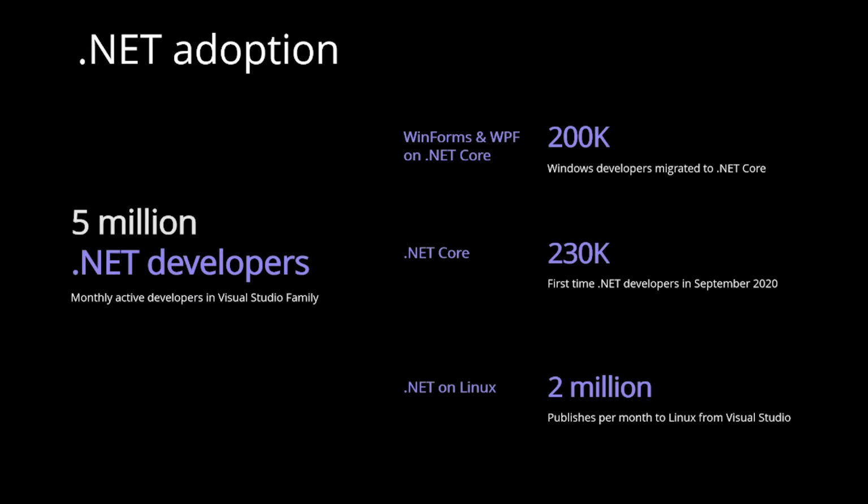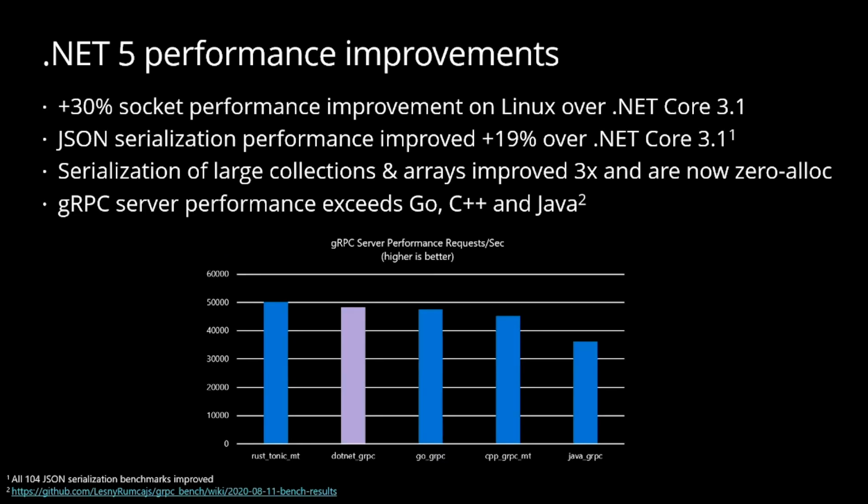I would like to highlight some of the performance improvements that were announced in the .NET 5 announcements. Take a look at some of the details I have provided here, on how the .NET team is continuing the investments in performance all the way up and down the stack. The team has improved .NET 5 by 30% in socket performance on Linux over .NET Core 3.1, and JSON serialization performance has improved 19% over .NET Core 3.1.